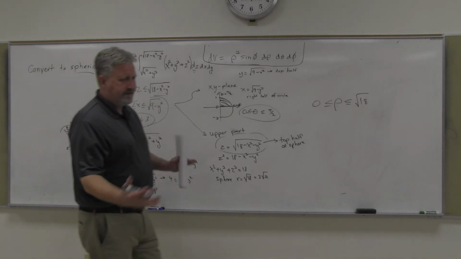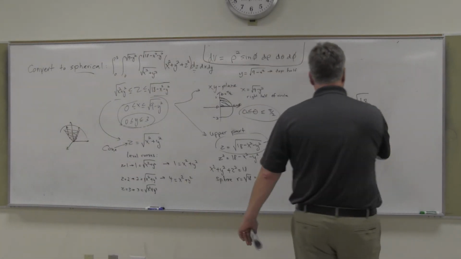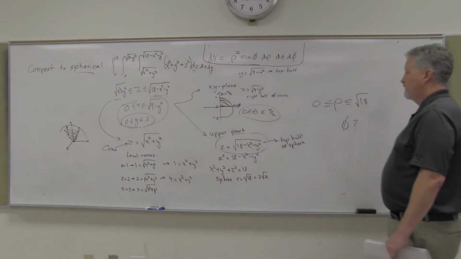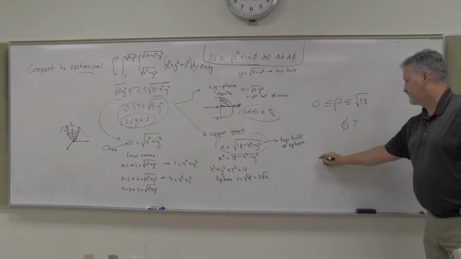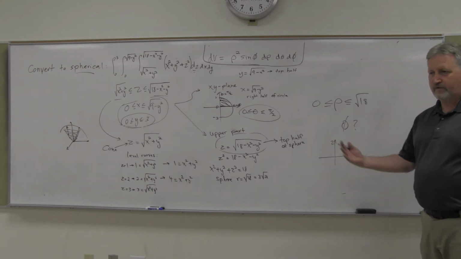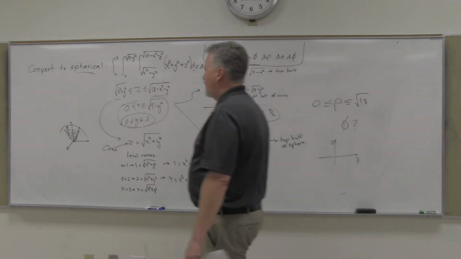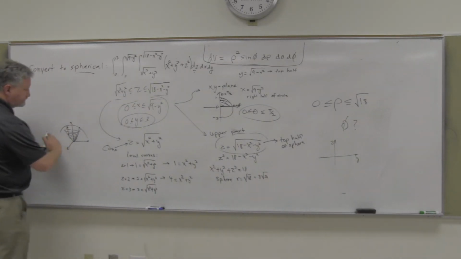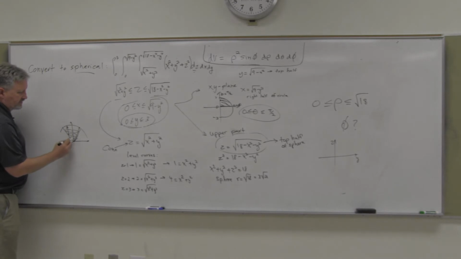Now again, for me it helps for phi to think of the YZ plane. That's what helps me to get phi. All right, so notice here, if you think about the YZ plane, I've kind of got it drawn here.